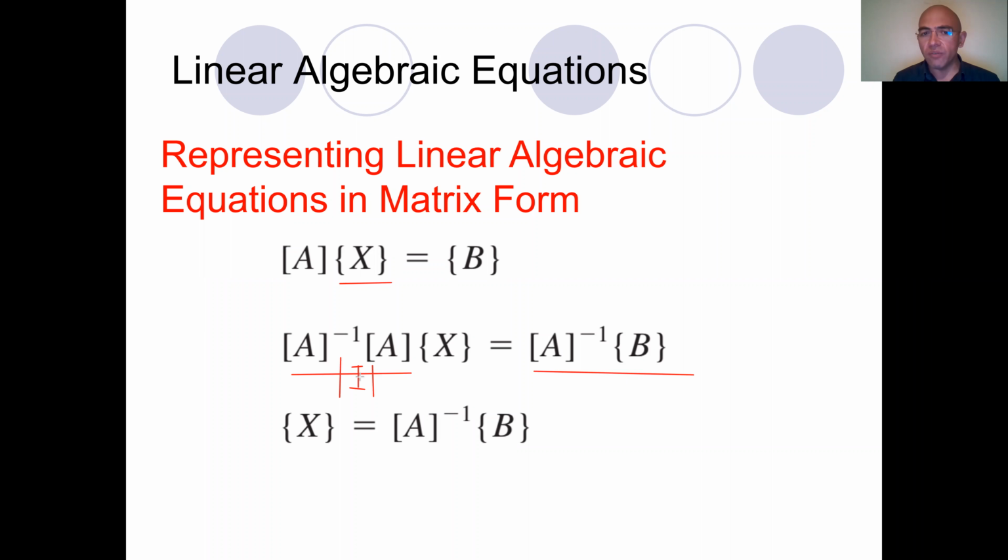If you multiply a vector with an identity matrix, you will obtain a vector. As a result, you obtain the values for the unknowns. So this is the column vector, this is the A minus 1 multiplied by B.